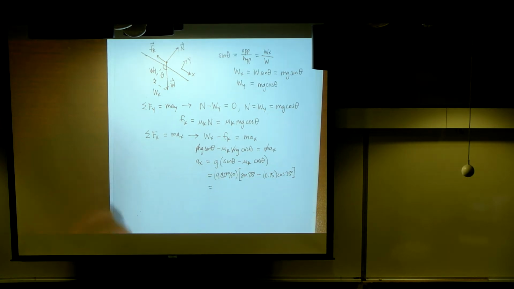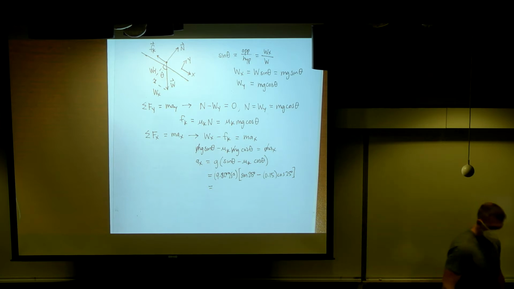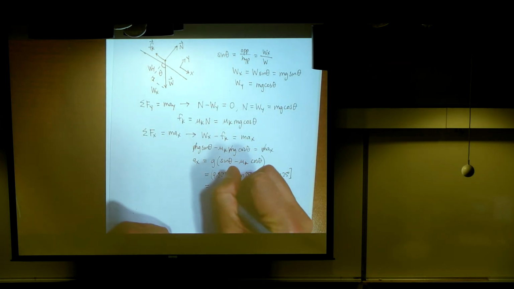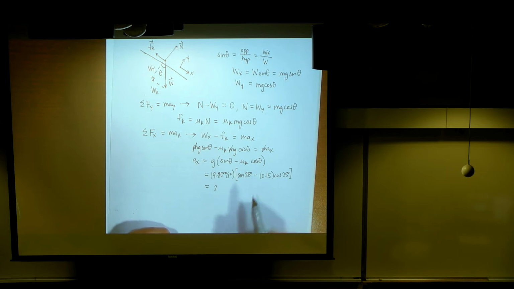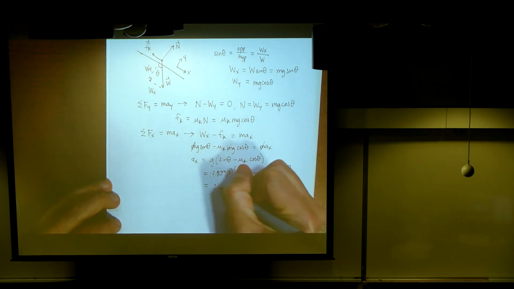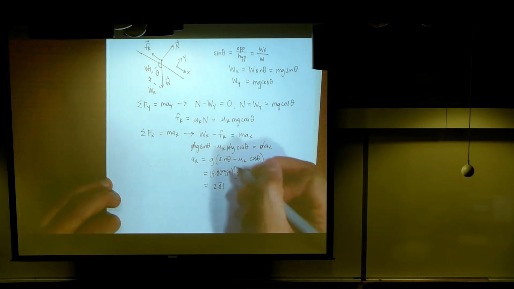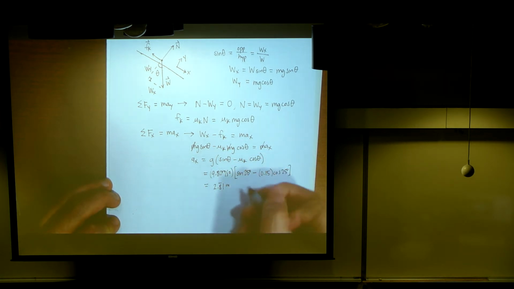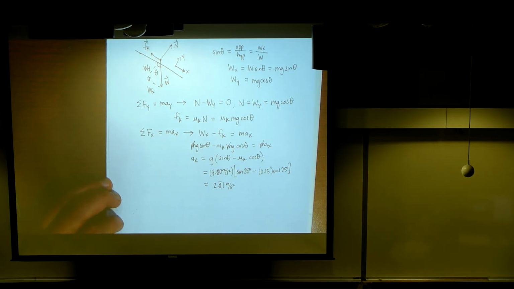Can someone crunch those numbers and tell me what the acceleration comes out to? 2.8 meters per second squared. Yeah, of course we have two sig figs in all our inputs, so we have 2.8, and I'll keep that extra digit, meters per second squared.